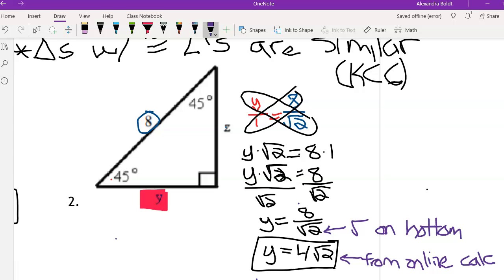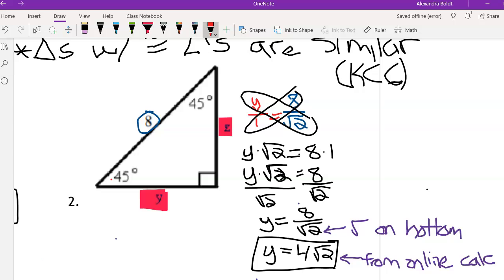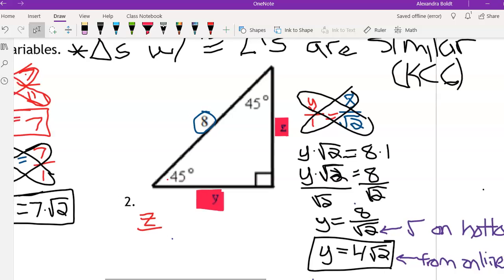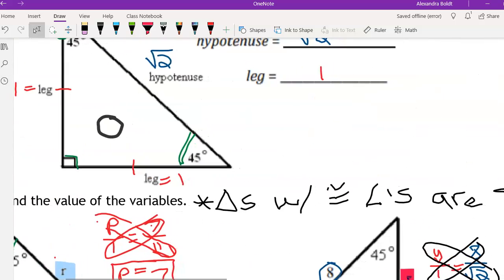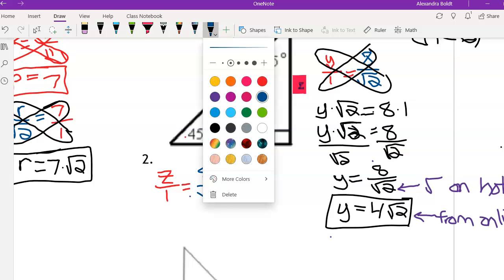Now I'm going to do the same thing with Z, which is also a leg. Since it's also a leg, Z is also over 1. And then I have my number 8. One thing to notice is that this is the same problem now.